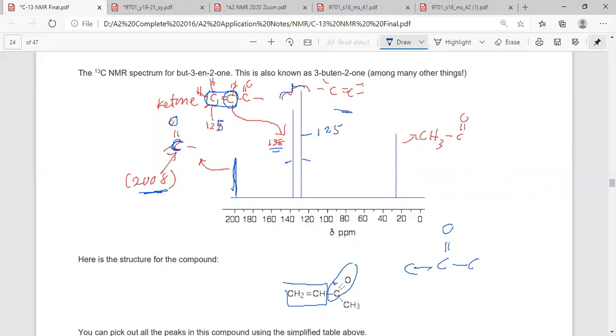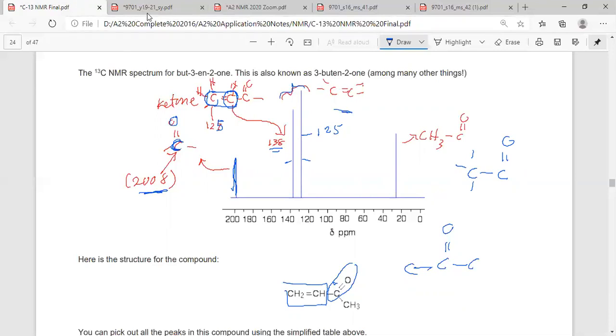The last one, of course, is the CH3. The CH3 is attached to a C, which is double bonded to O. You can see it's around 0 to 50.